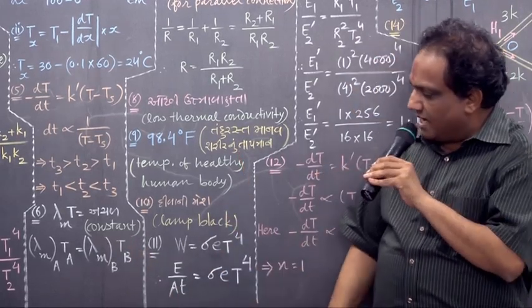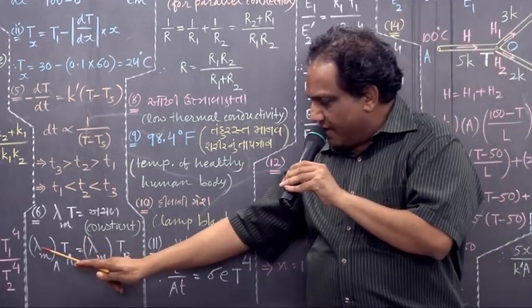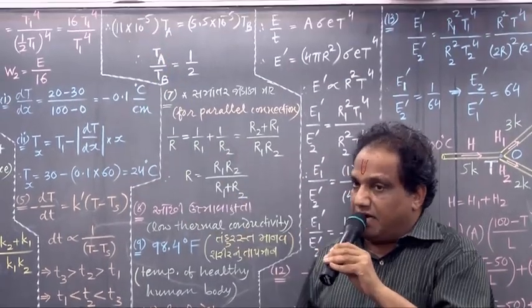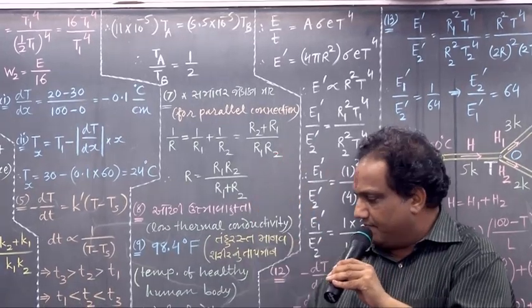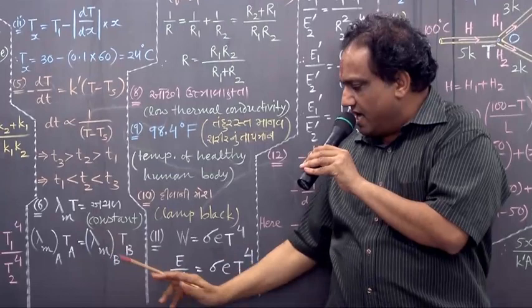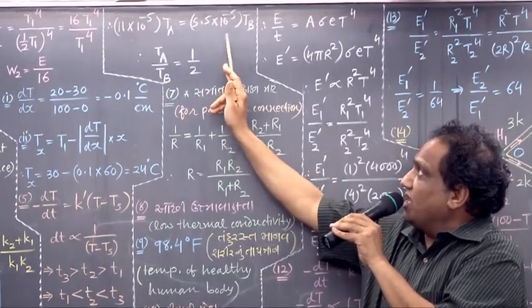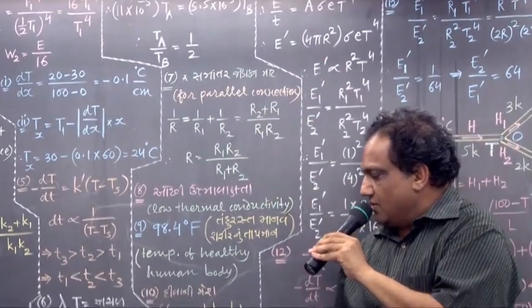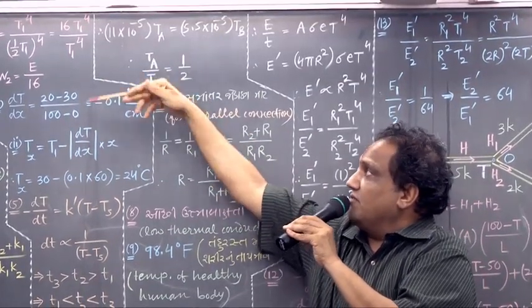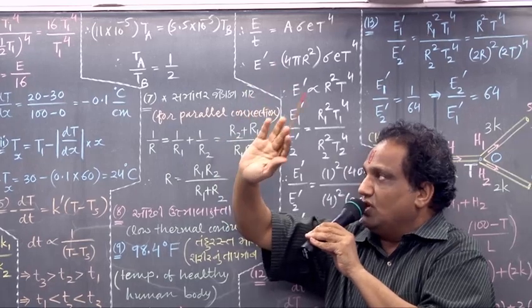Fine. Now tell me, what is the lambda M value for body A? 11 into 10 raised to minus 5 centimeter. Leave it in centimeter, no problem. TA as it is. Lambda value for body B, they have given 5.5 into 10 to minus 5 centimeter. Now TB as it is. Both the values are in centimeters, so centimeter will cancel. So don't bother for the unit.